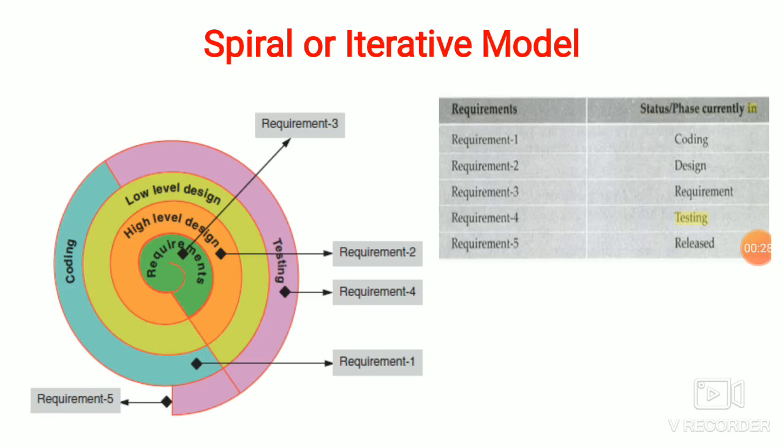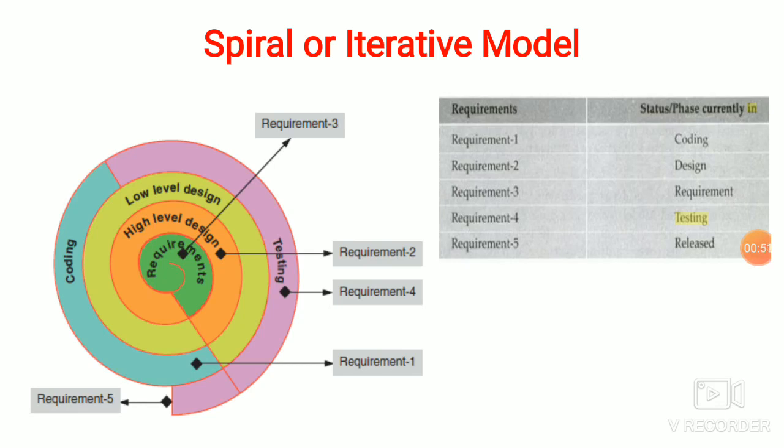The spiral or iterative model follows a process in which the requirements gathering, design, coding and testing are done iteratively till all the requirements are met. This diagram shows the spiral model and the phases involved in the model are denoted in the table.